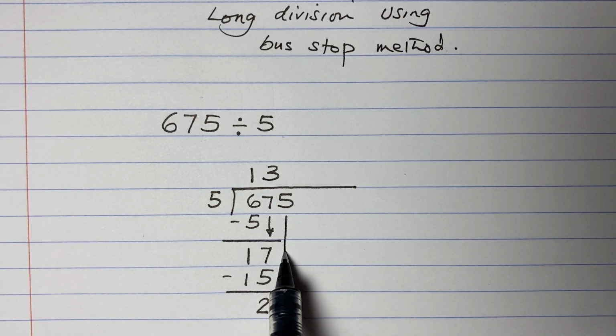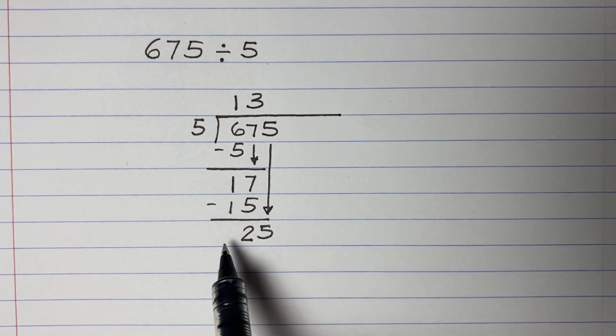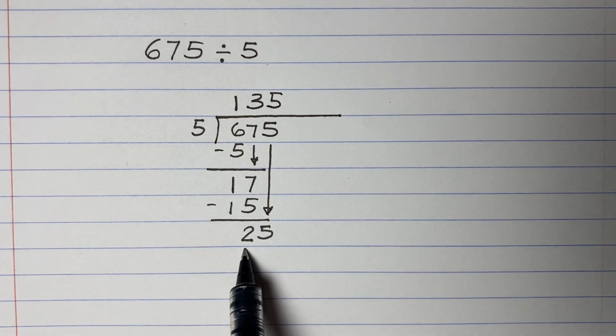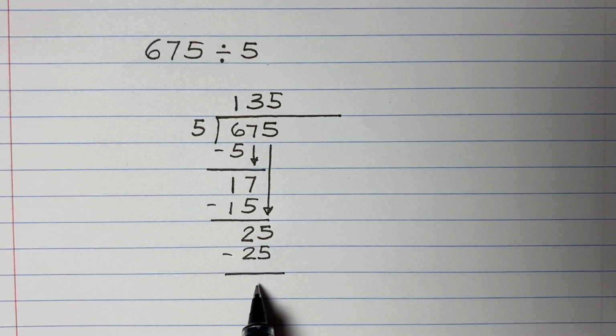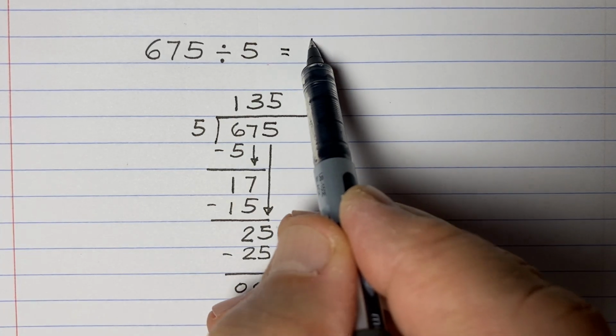To continue, you bring the next number down. Your number is now 25. 5 in 25 goes 5 times. 5 times 5, 25. And nothing left. So the answer would be 135.